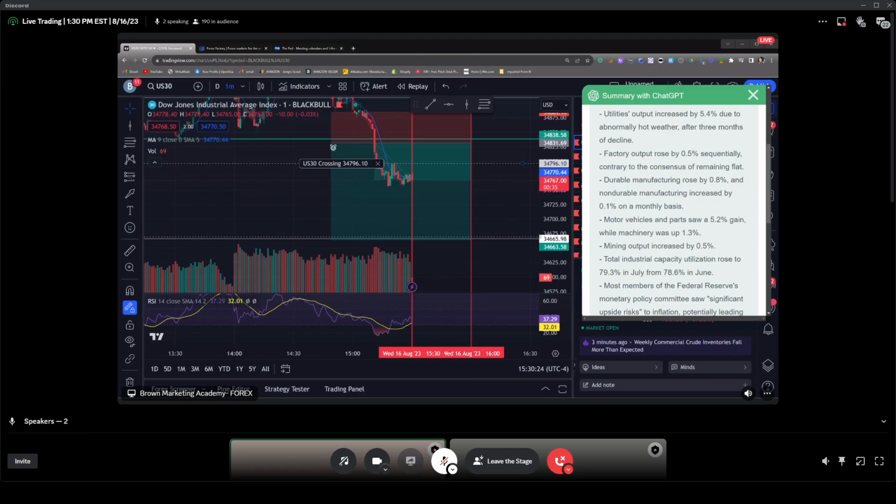It's too late to hop in this trade. Let me remove this red line here so that we could see it a little bit better. We're looking for a break of this area. Looks like we are, let's see. Keep your finger on the trigger.